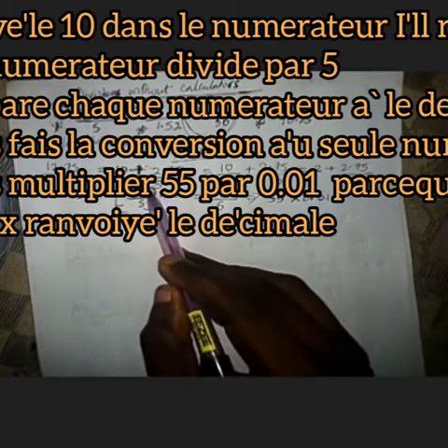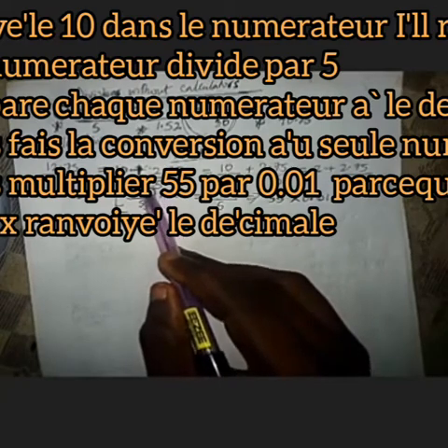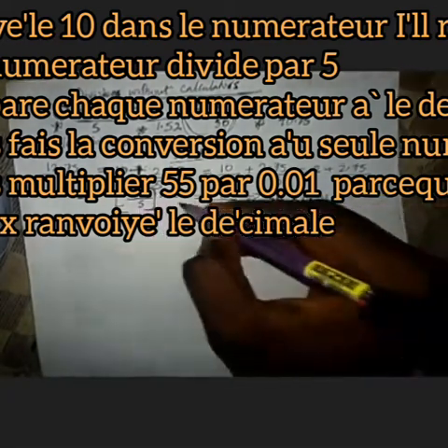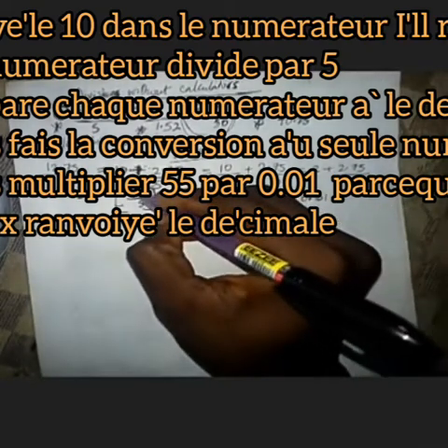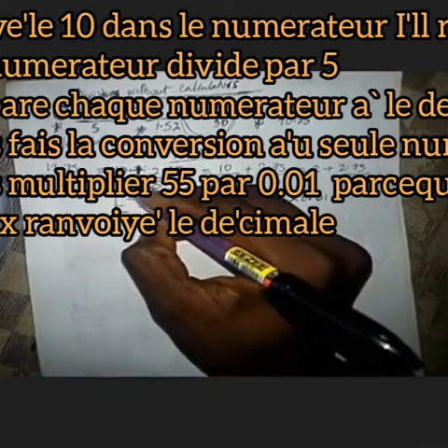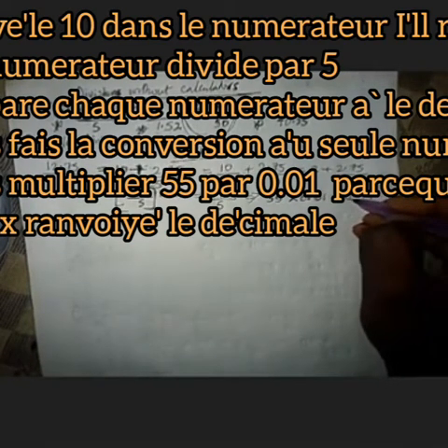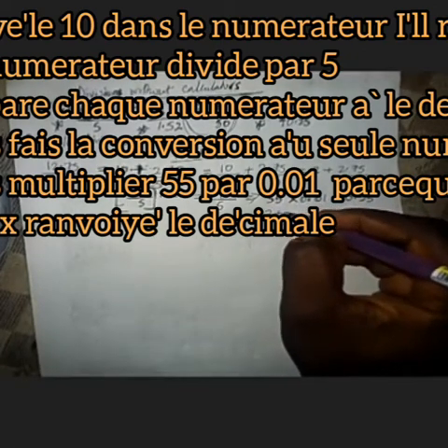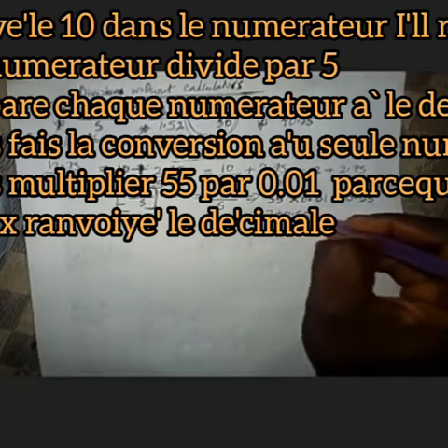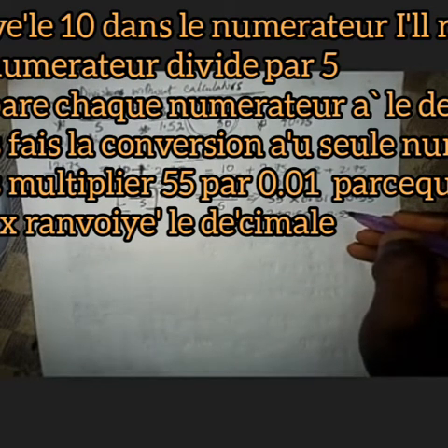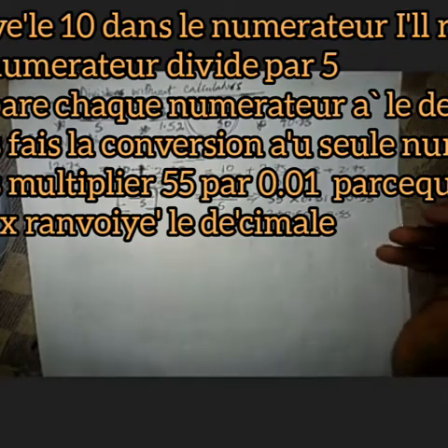That's why I'm multiplying by 0.01, so that it will be in decimal again. That will be 0.55. So 2 plus 0.55 is 2.55. That's the answer.